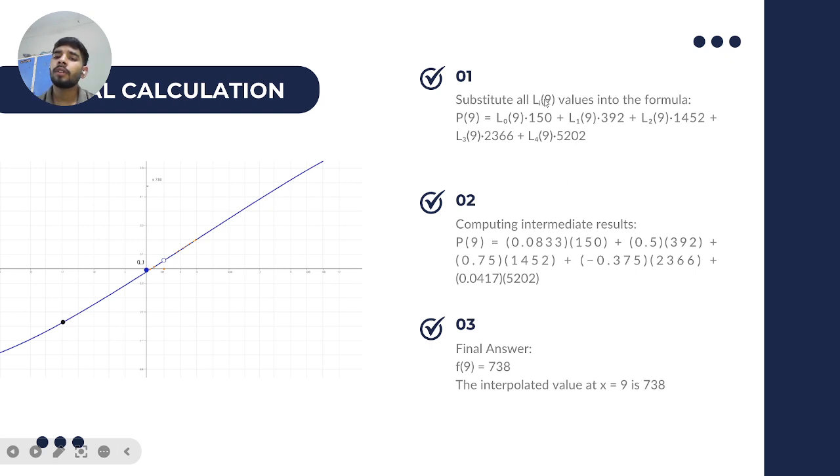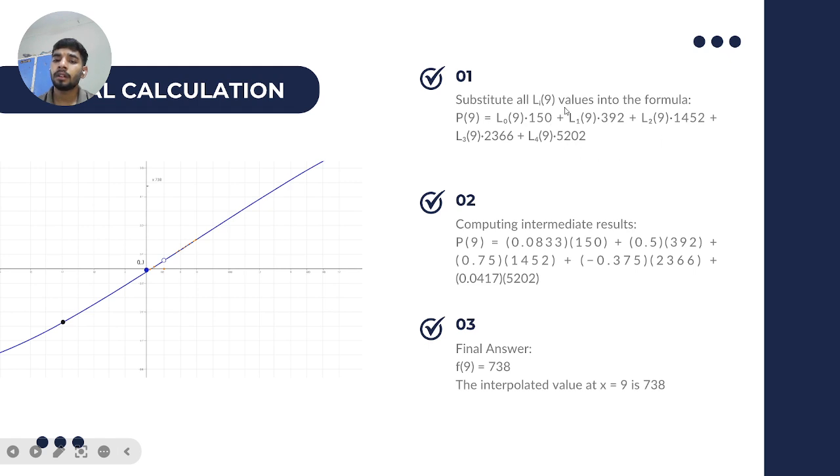Now substitute all the L_i of 9 values into the formula. P of 9 equals L_0 of 9 times the function value of the first data point, then L_1 of 9 times the function value of the second, and L_2 of 9 times the function value of the third, and similarly up to L_4.